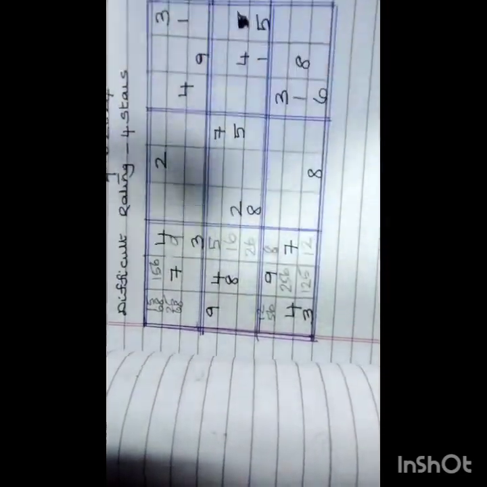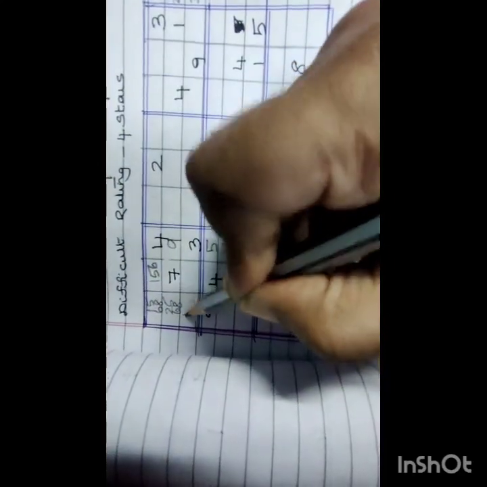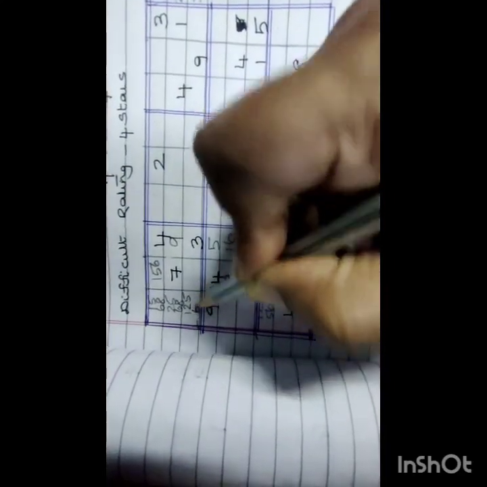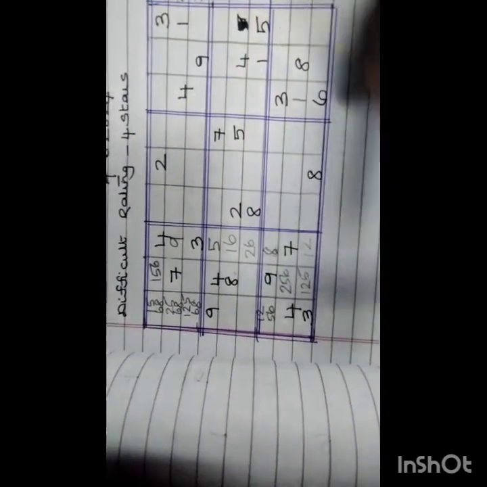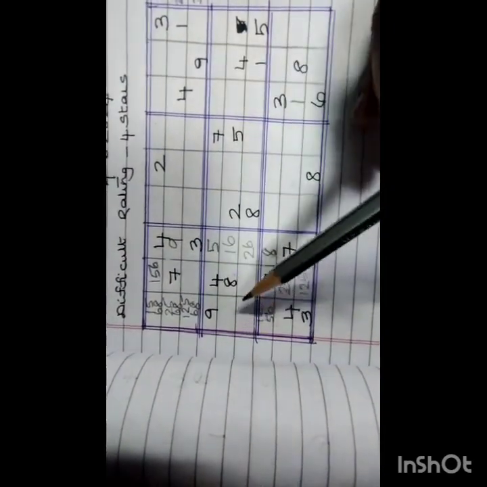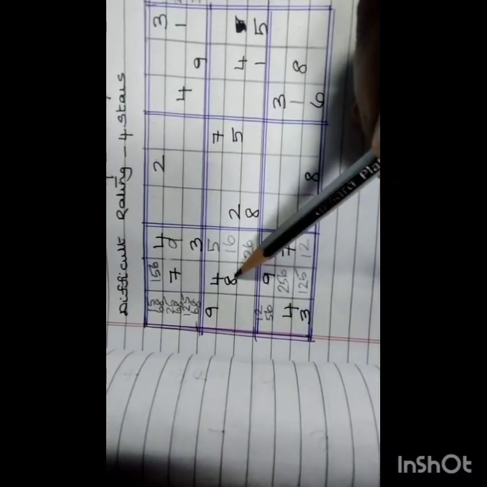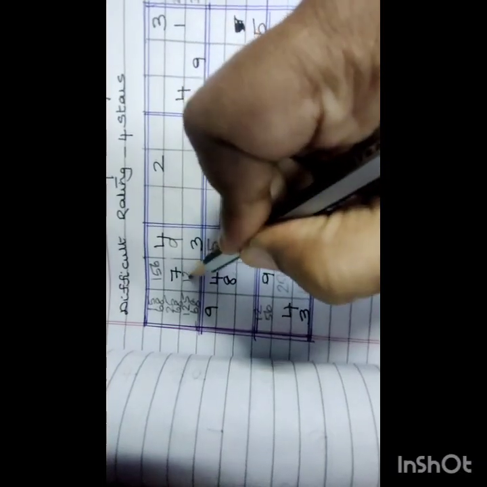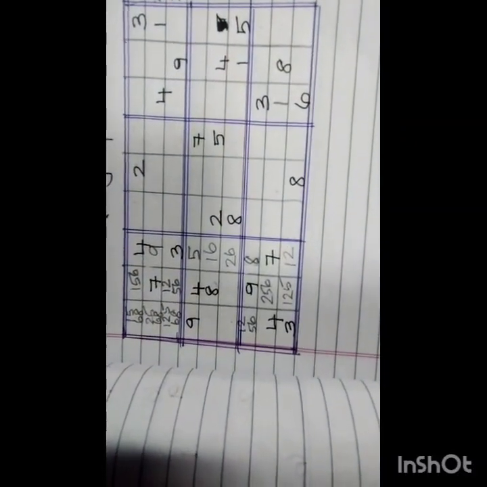And this cell we have to write all 5 numbers: 1, 2, 5, 6, 8, because nothing is appearing in this row or that column. This cell we have 8 in this column. So 1, 2, 5, 6 can come in that cell.